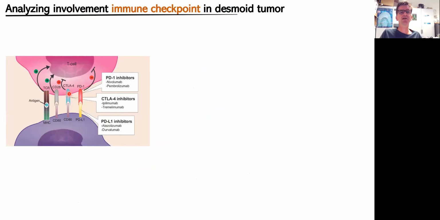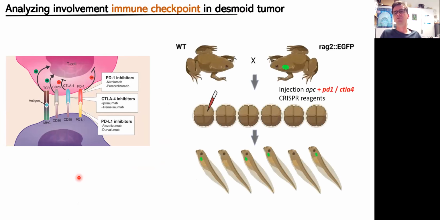Now we also want to look at the immune checkpoints. The best known ones are CTLA4 and PD-1, normally expressed on T cells, and the ligands for them are expressed on the cancer cells. Unfortunately, we cannot use the blocking antibodies that work in humans or in mice. However, we can easily make knockouts. So we take the RAC2 GFP line again, and the embryos are injected with guide RNAs for APC together with guide RNAs for PD-1 and CTLA4.